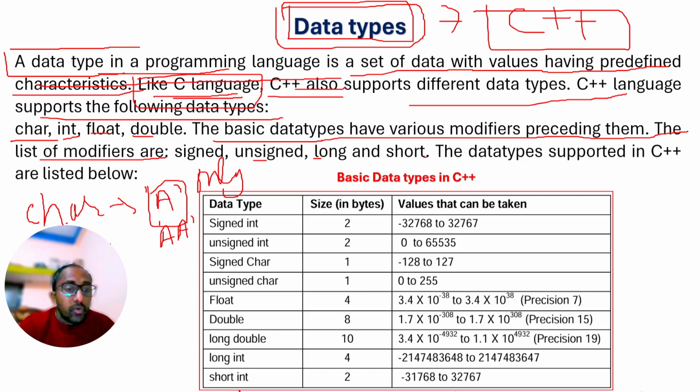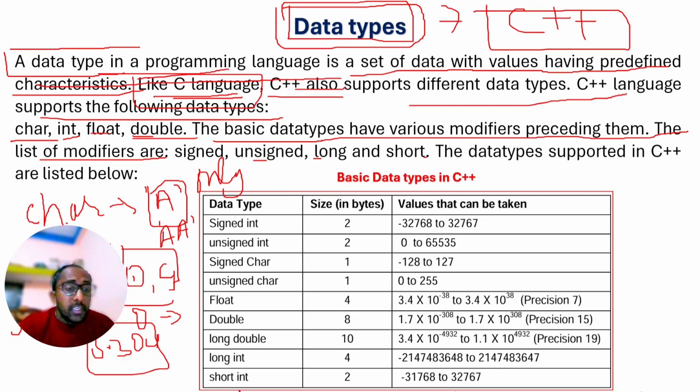Then int is a whole number, like 0 to 9, whole numbers starting from 0 and so on. Float is related to decimals, for example 5.304, which means it contains decimal numbers.